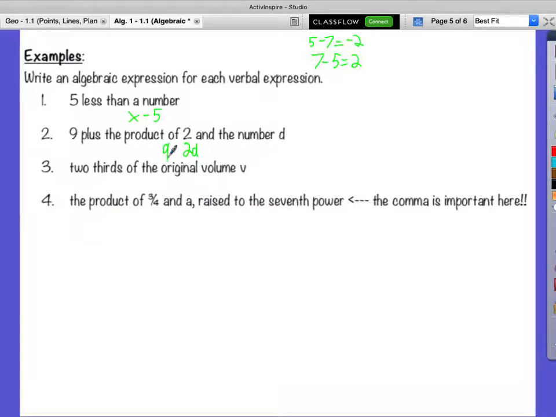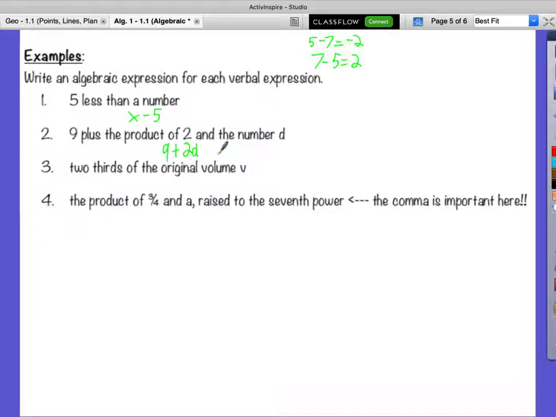Yeah, 9 plus that. So it's 9 plus the product of 2 and the number D, so 9 plus 2 times D. And remember, when you're multiplying a number times a variable, you don't have to put the multiplication sign in there. You can just put them right next to each other. That's what it means, these are being multiplied.